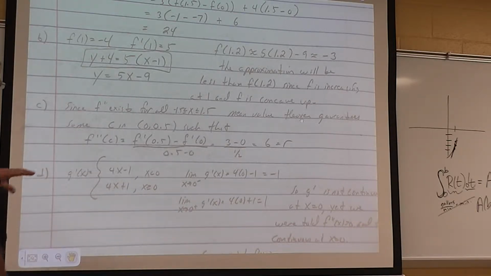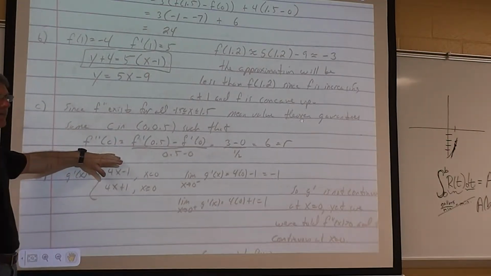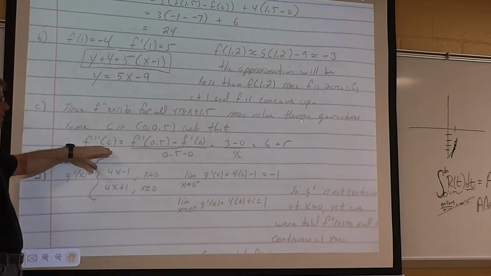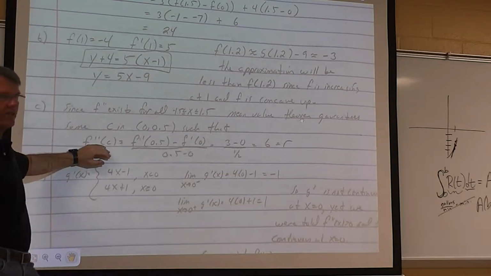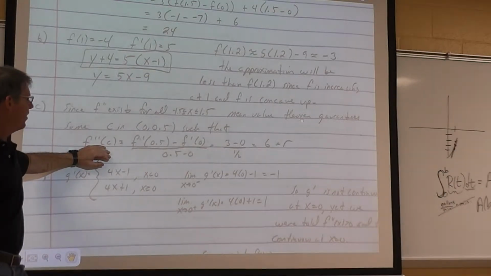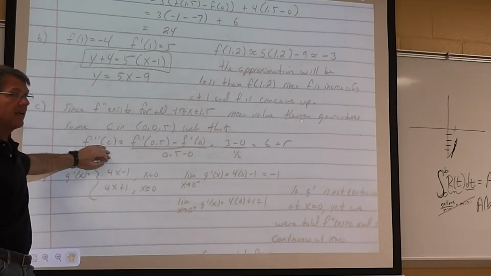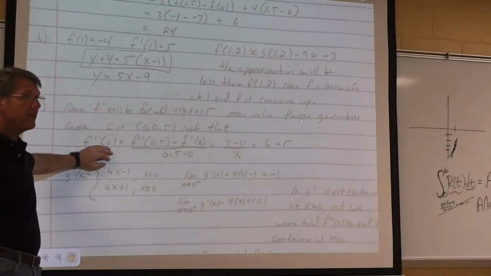Well, the second derivative at any C on this interval, this is the mean value theorem. The derivative of some function, if we meet the criteria of the mean value theorem, and by what they told us in the prompt, we know it's continuous and differentiable. I know f prime is differentiable because they told me the second derivative is always greater than 0. That means it must exist. It's some positive number.